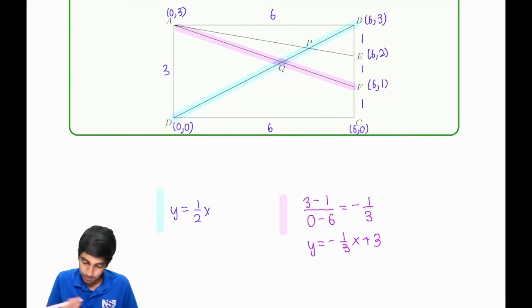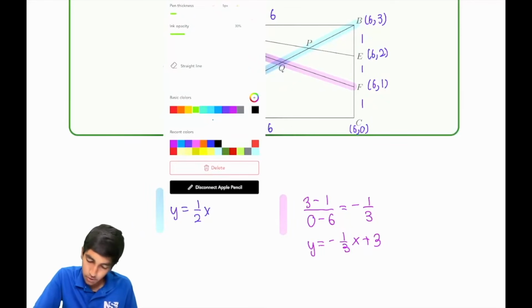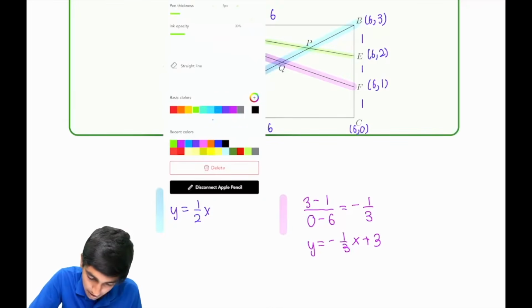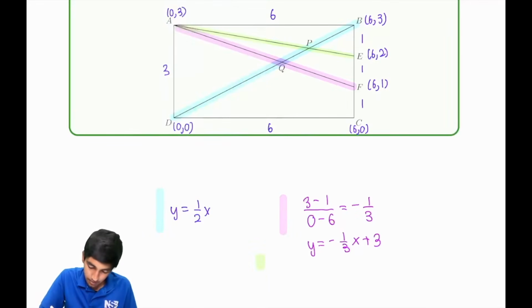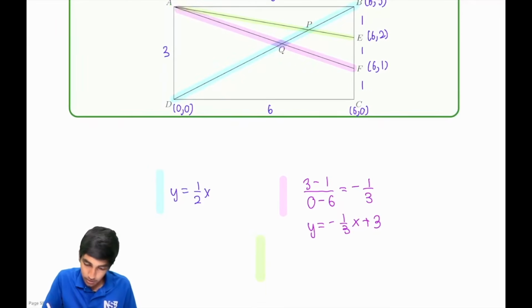Okay. Now for the final line. See how the general theme here is we use coordinates to convert these types of geometry problems into simple algebra problems, which is the main idea here. And this one, we do something very similar.